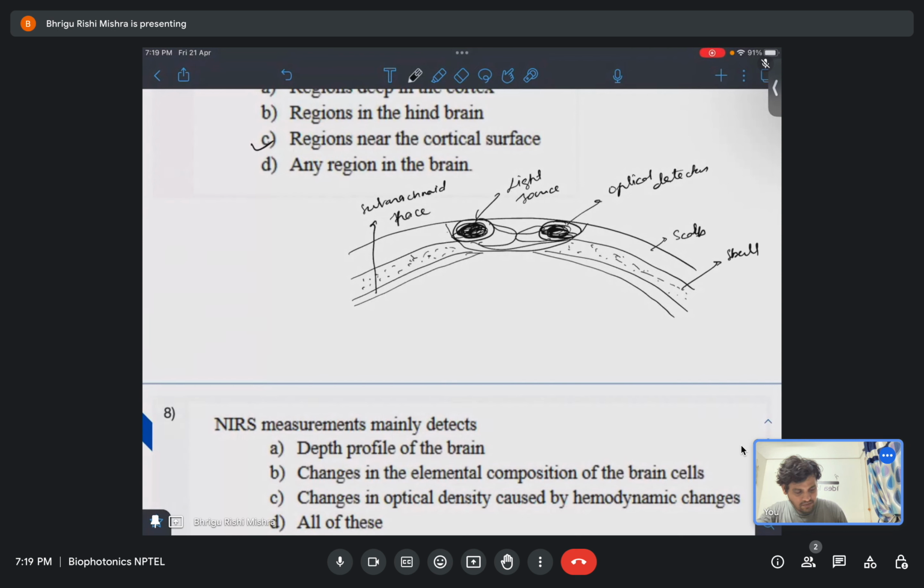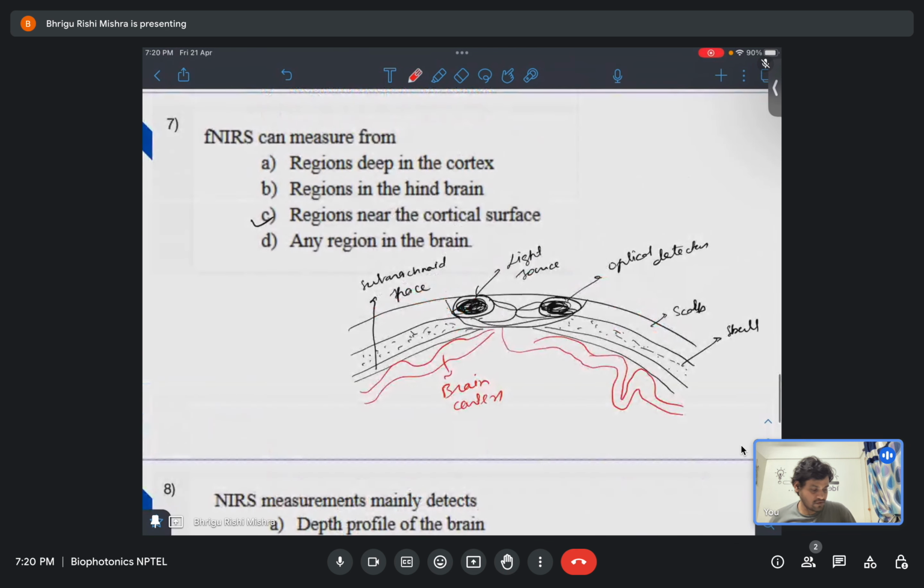And here at the bottom we have the brain cortex, and this area is the cortical surface. So the probe penetrates through the scalp and skull, and then measures near this cortical surface.